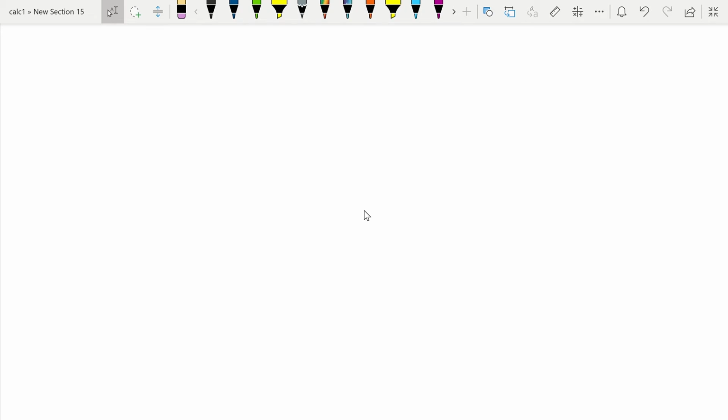So the other section that we'll cover in this module is limits at infinity. That's section 2.7, which is limits at infinity.